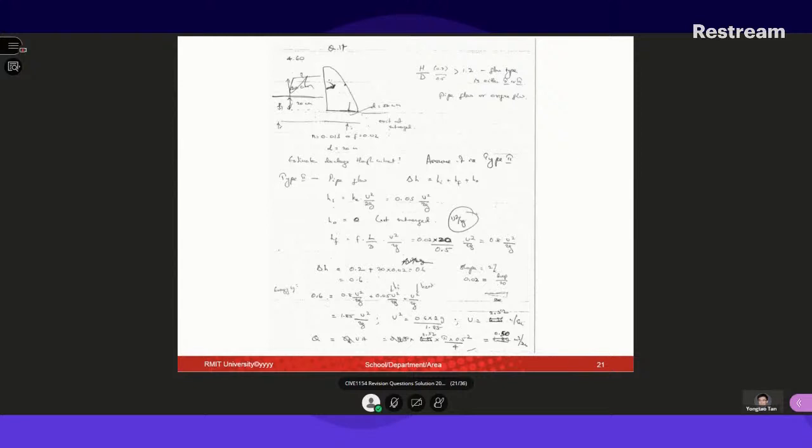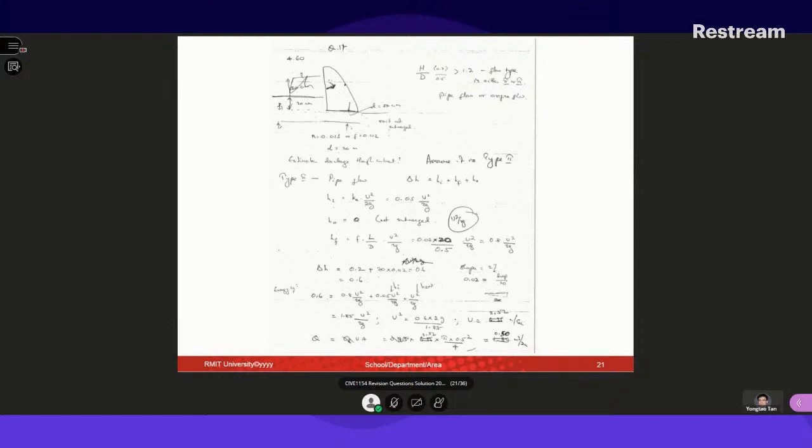We use the head loss equations to find out the discharge rate in the culvert.